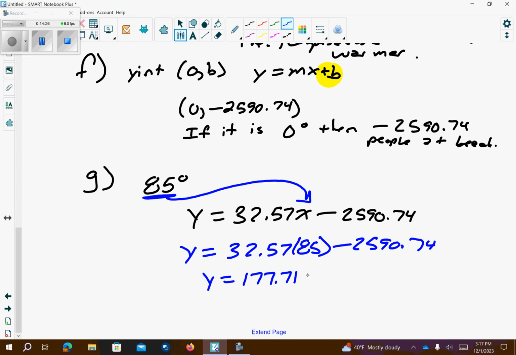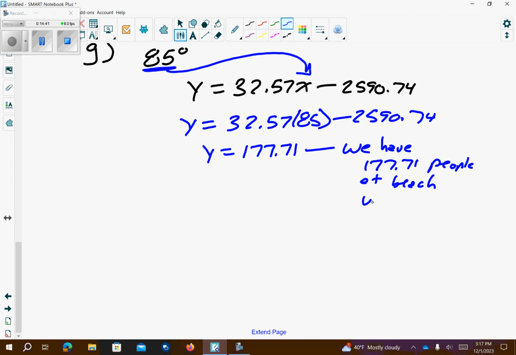So this means that we have 177.71 people at the beach when it is 85 degrees outside. And again, can I have a fraction or a decimal of a person? The answer is no. But it doesn't have to make 100% sense. It's just what it's telling us.